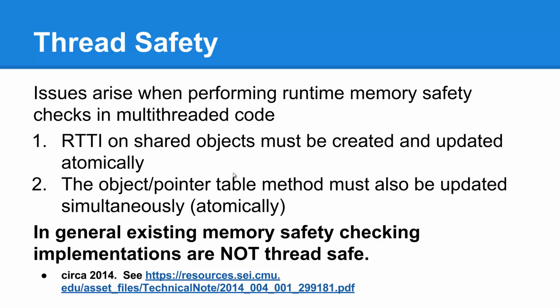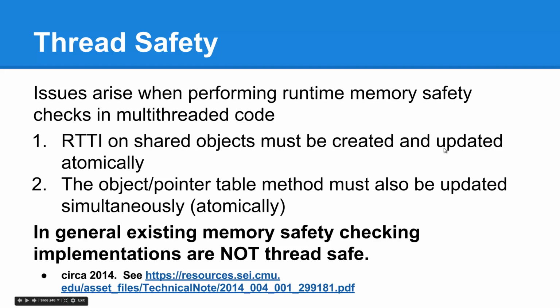There's another topic to cover in this lecture, which is that all of these runtime memory safety checks fail in any multi-threaded application, especially when they fail to meet the following challenges. The runtime type information on a shared object must also be edited atomically.